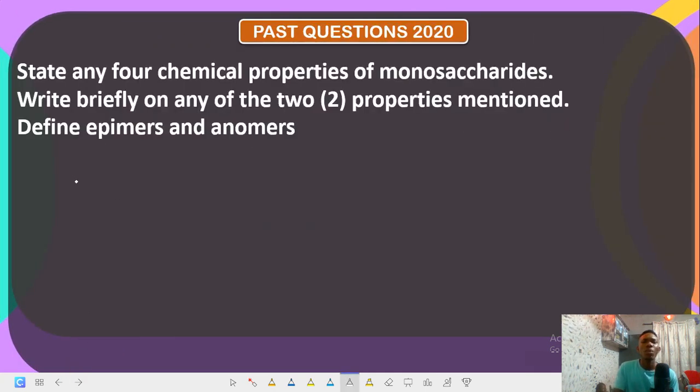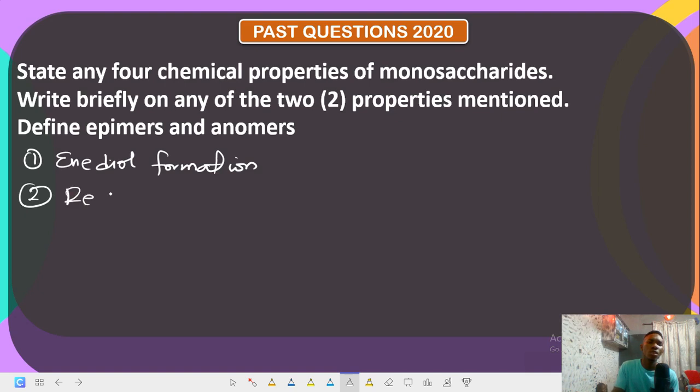State any 4 chemical properties of monosaccharide. Write briefly on any one of the 2. Now, chemical properties of monosaccharide: number 1, enediol formation. Then we have number 2, reduction reaction.